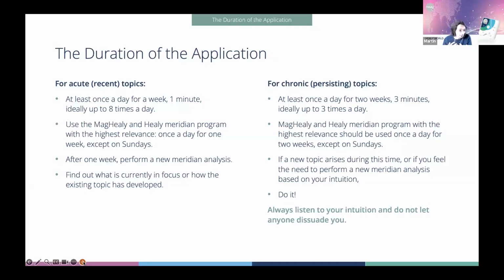If it doesn't feel right, never do it. Even if your mom or your dad tells you, this is the best partner for you, we know this person. If you don't like this person, please listen to your intuition and don't do it. Otherwise, you are in for a long run of maybe not so funny experiences. Okay, let's go.